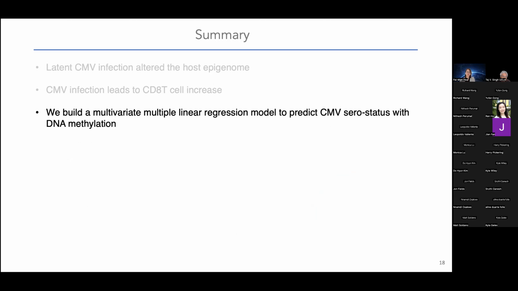So now we derived a model which considers several traits inside these two cohorts, models them with DNA methylation, and can predict the CMV serostatus from the methylation info we sequenced.